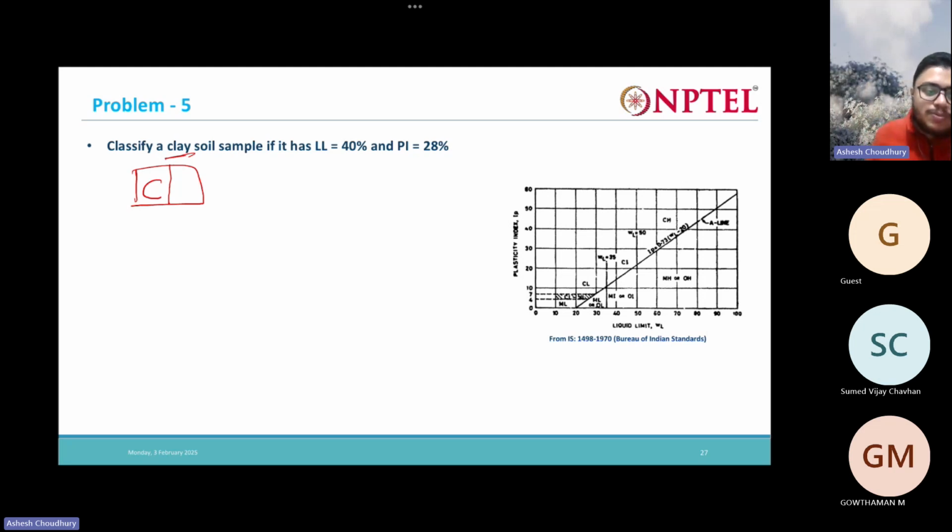Before, the problems that we solved were coarse grained soil. Now come to think about the fine grained soil classification. Clay, we know it's clay. What clay?